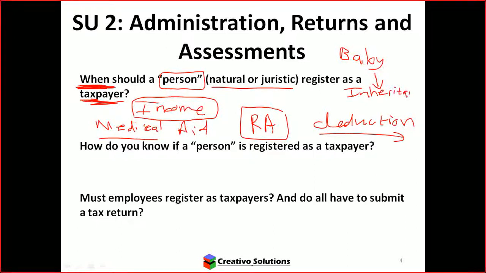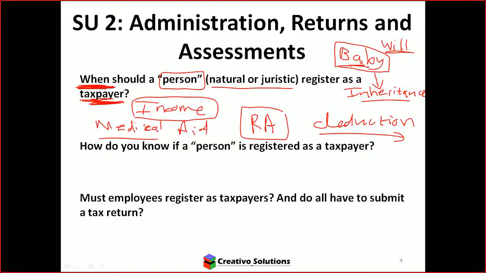Maybe a loved one had passed, and in terms of a will had left a newborn baby millions of rands in assets. Technically, that baby would be seen as a taxpayer because that baby has derived some sort of benefit in the form of income, or assets of value that came from maybe a trust or a will or something along those lines.